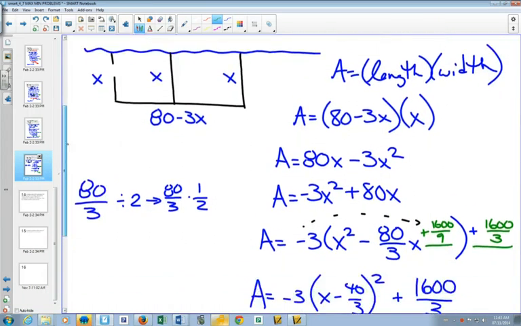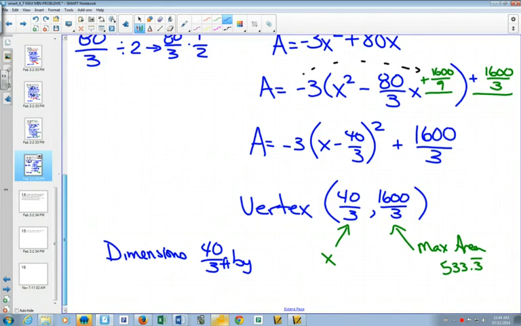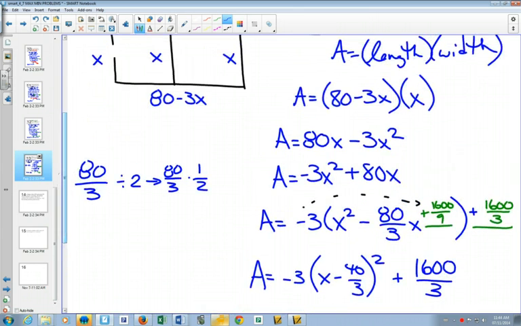What is the dimensions? Well, x is 40 over 3 by, what were we? We were in feet, right? 40 over 3 feet by, what would the other side be? It's actually easy math with the fraction.